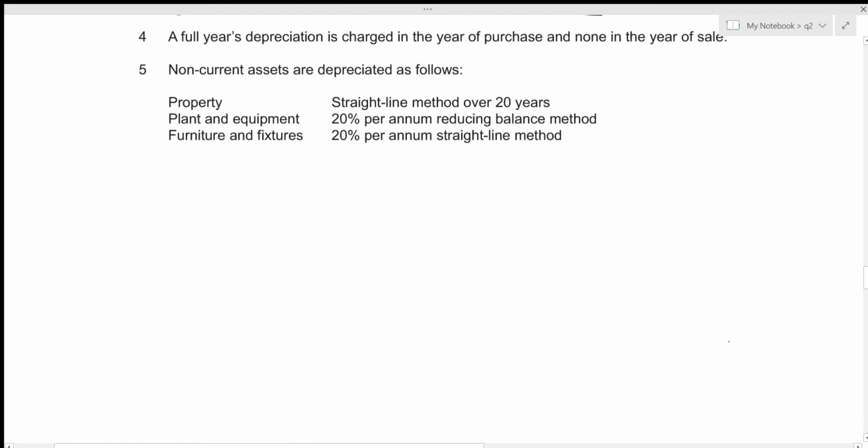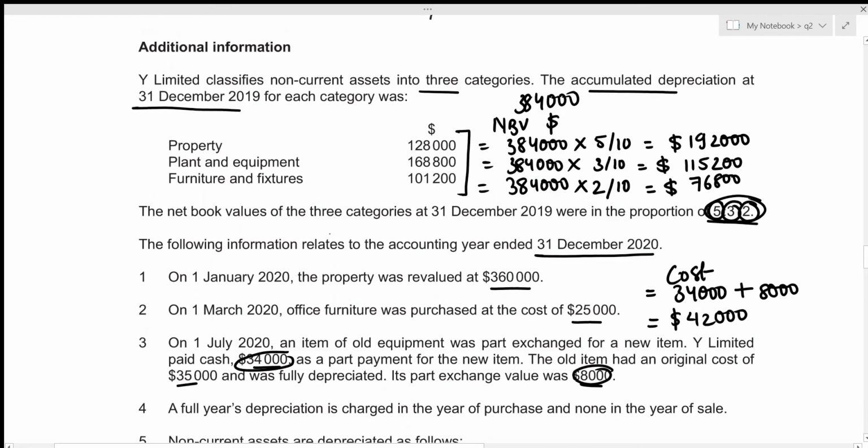Okay. Now we were given the net book values information, and we already figured out the net book value at 31st December 2019, which again means that this is the net book value at the opening date. So we need to record these three values of 192,000, 115,200 and 76,800 as the net book value at the beginning date. Let's write it down.